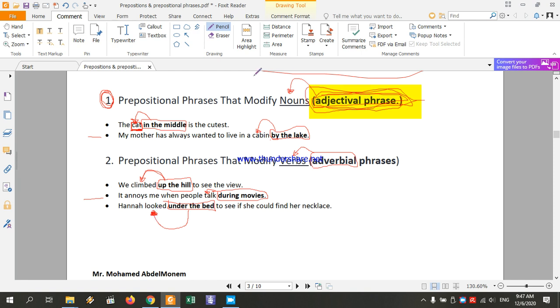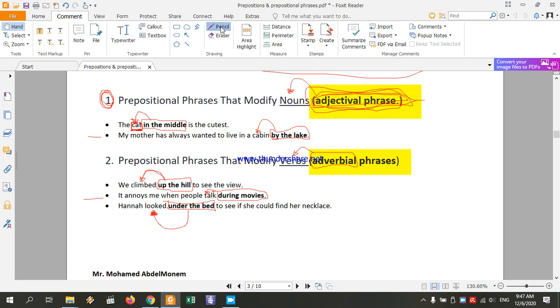So if the prepositional phrase is used to modify or describe verbs, we call it an adverbial phrase. Their function is to describe verbs, or to act as an adverbial phrase.